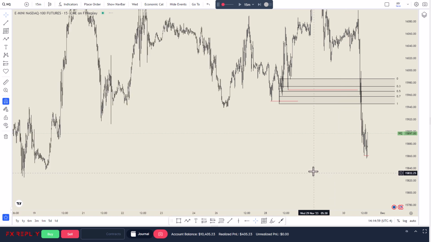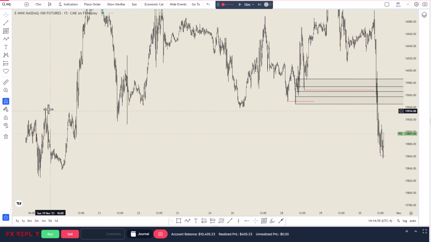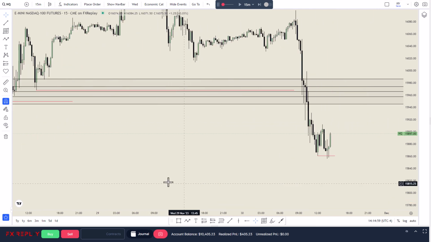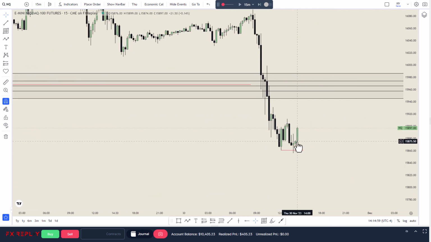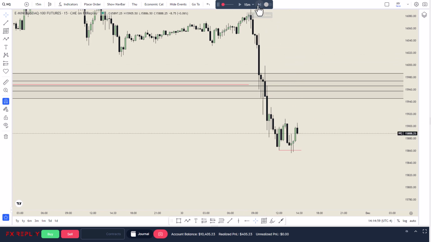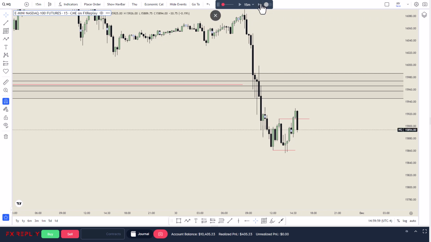I don't believe we have some zone to the left, right? But this seems more like a pullback rather than an expansion, right? Let's see if we're gonna sweep maybe this one right here for the continuation. All right, we don't have that.